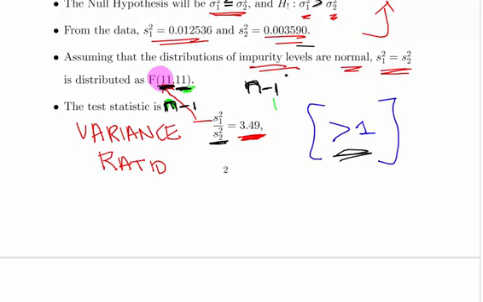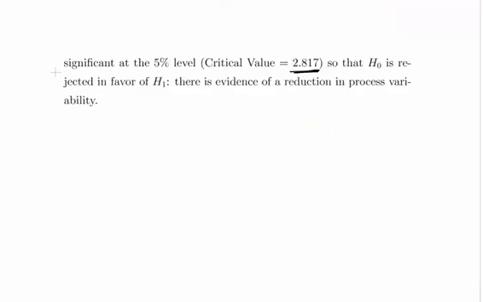Now, at a 5% level, that's important, and it's a one-sided procedure. So it's a one-sided hypothesis test with a 5% significance level. So the critical value is 2.817.